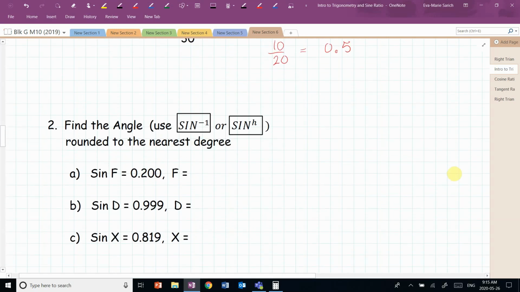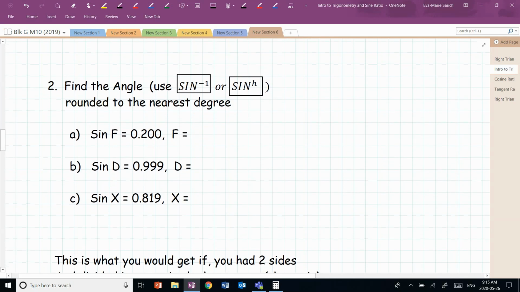Okay, so now we're going to use this idea to go backwards. We're going to find the angle from the ratio. So these are some ratios that have been given, and we're going to find the angle. When you want to find the angle, you use the inverse button. Okay?